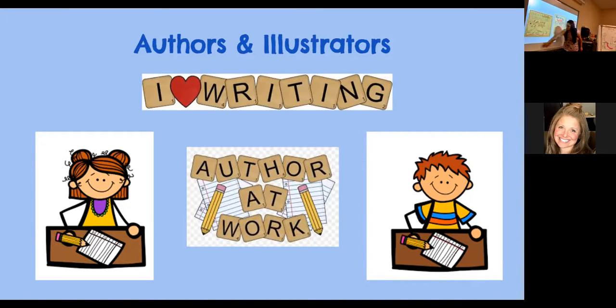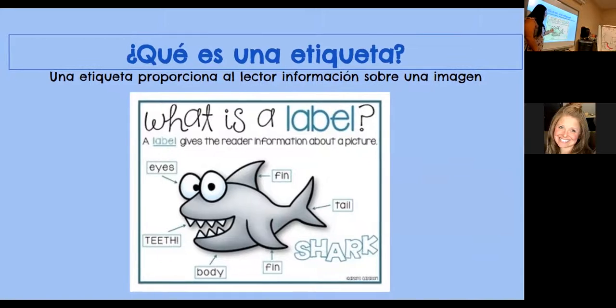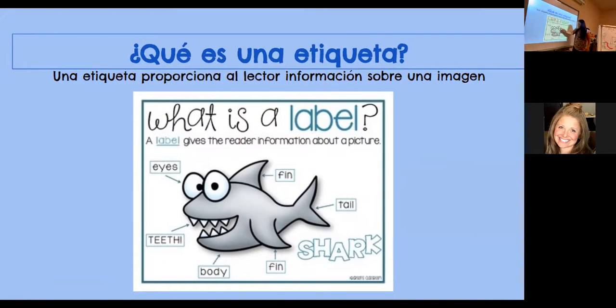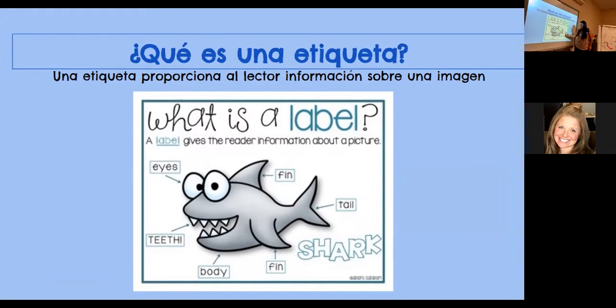Well, when you write eyes, this is giving information to the reader that you want them to know that these are the eyes, okay? And then here, they did a label with an arrow pointing to the fin of the shark. So this is all information the reader wants you to know.